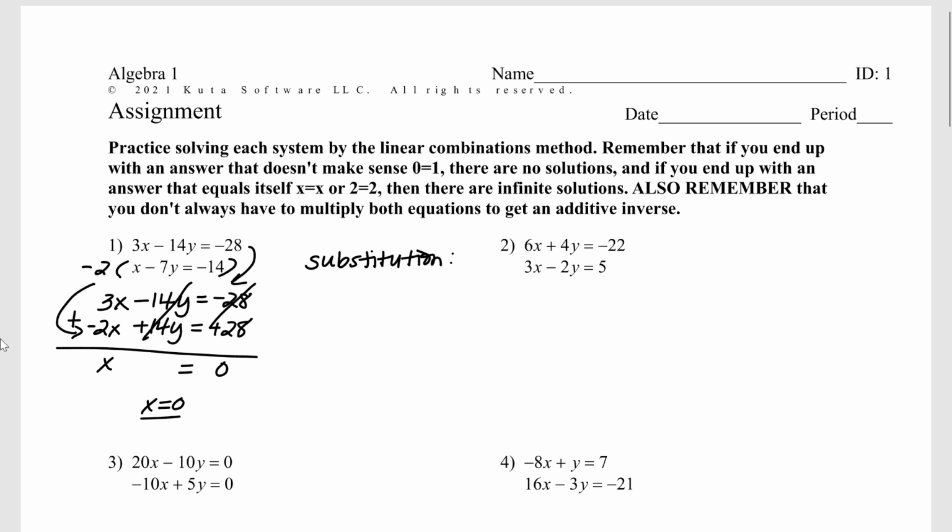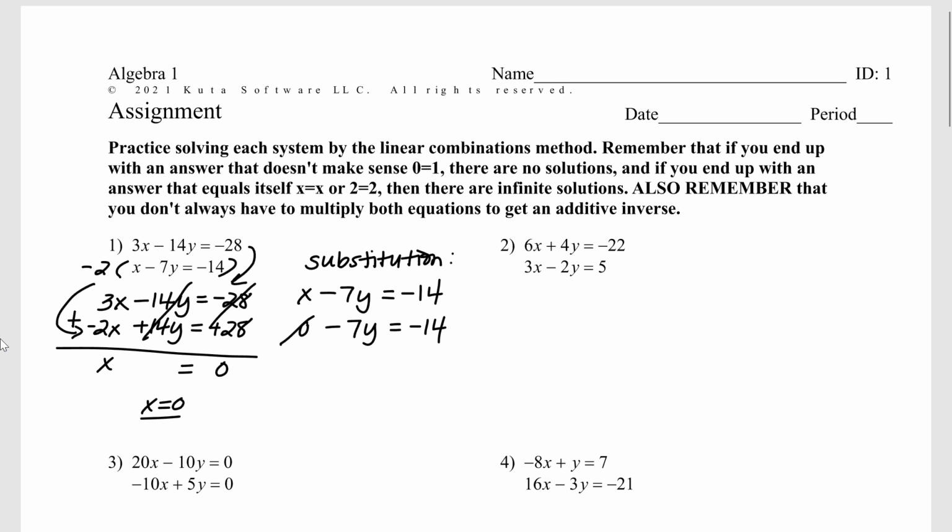Okay, I'm going to use again the bottom equation, x minus 7y equals -14, because then I don't have to do any multiplication on my x. I'm going to substitute x for 0 because that's what I solved for. Since 0 is nothing, it really isn't there.